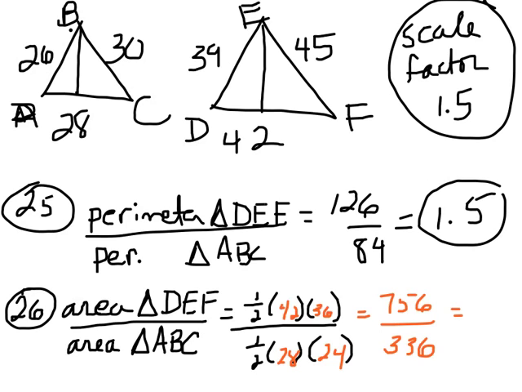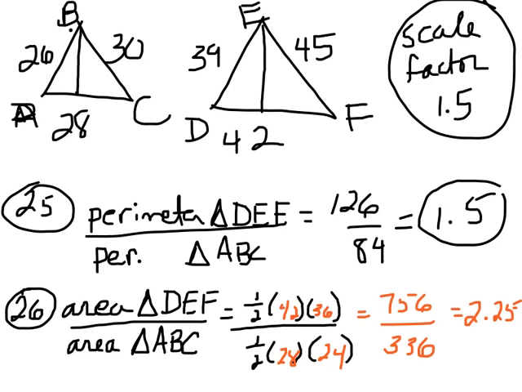Let's divide 756 by 336 and see what happens. Do you think we're going to get 1.5? No. We get 2.25. Do you remember any relationship? It's 1.5 squared, if you square 1.5, you get 2.25.